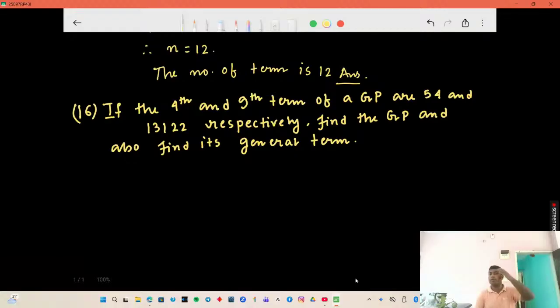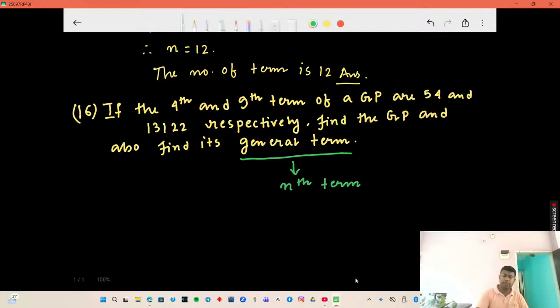So do you know what we mean by general term? The general term of a GP means we have to find the nth term.